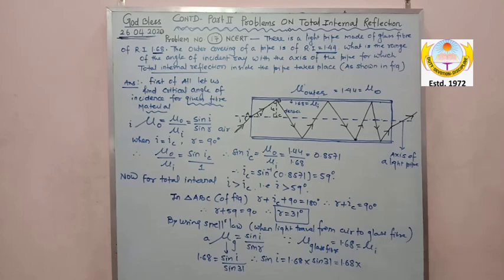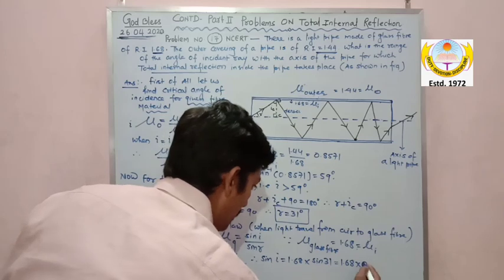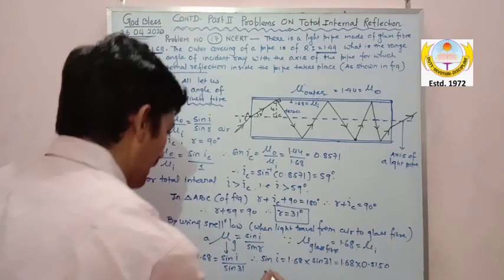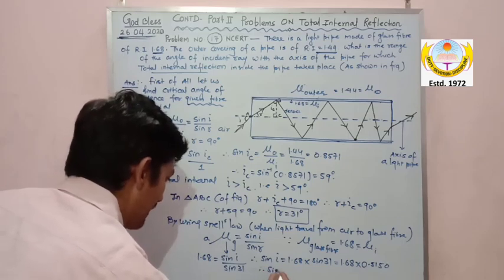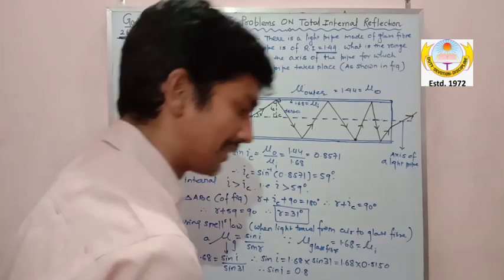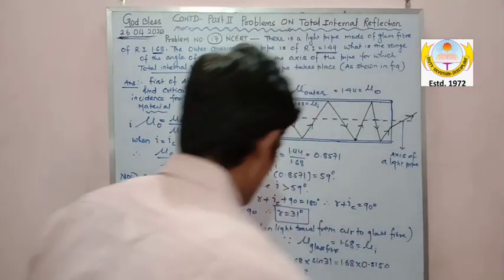Sine 31 is 0.5150. So my dear, sine I, if I calculate, is 0.8662.